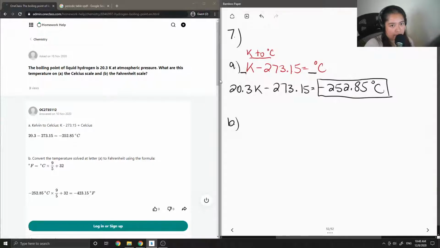And now for B, we need to see this in the Fahrenheit scale. So let's do degrees Celsius to degrees Fahrenheit.